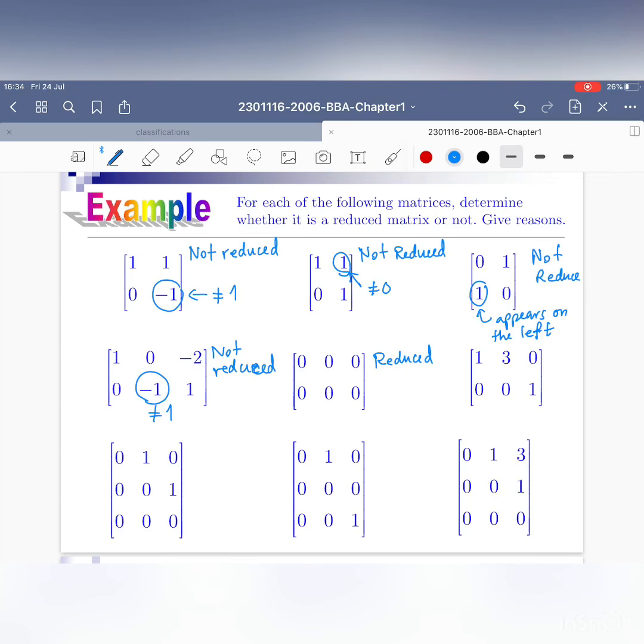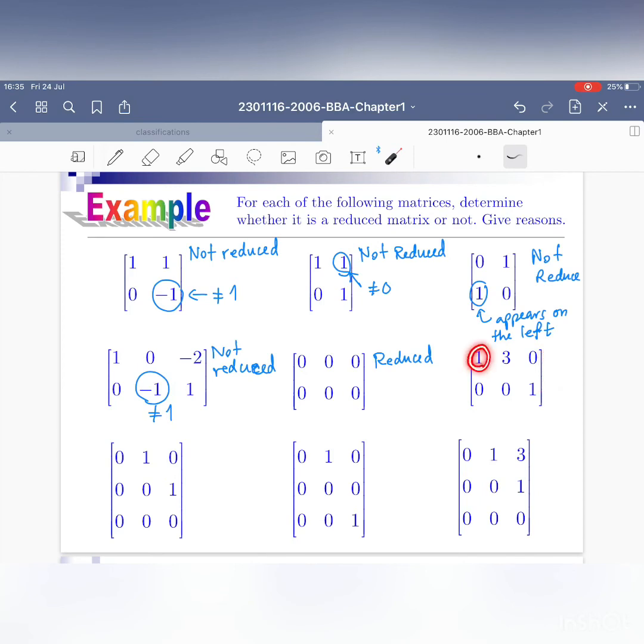All right. Now let's look at this one. Here is your first non-zero row. The leading is 1. The rest is 0 in that column. Here is your second non-zero row. The leading is right here, the first non-zero term, and it is 1, so it's okay. And the rest in that column is 0.